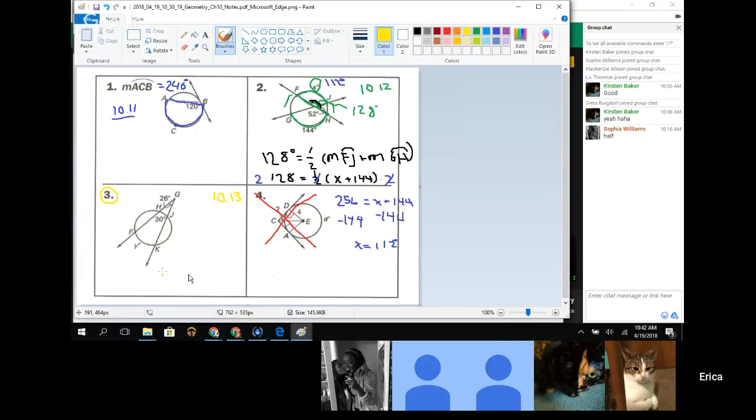So the formula for this is going to be the measure of angle G equals 1/2 times the measure of arc FK minus the measure of arc HJ.